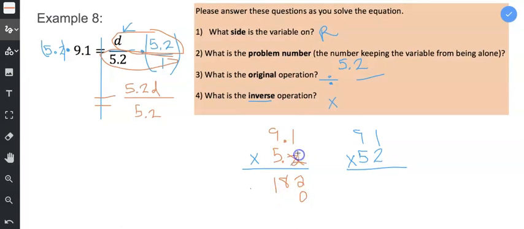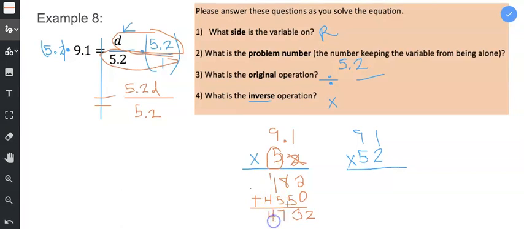So I've already multiplied by 2. Now I'm going to multiply by 5. So I put the 0 to hold the place, then 1 times 5 is 5. 9 times 5 is 45. And then I add these two together. So I get 2 here, 13 here, so I carry the 1. 5 plus 2 more gives me 7.